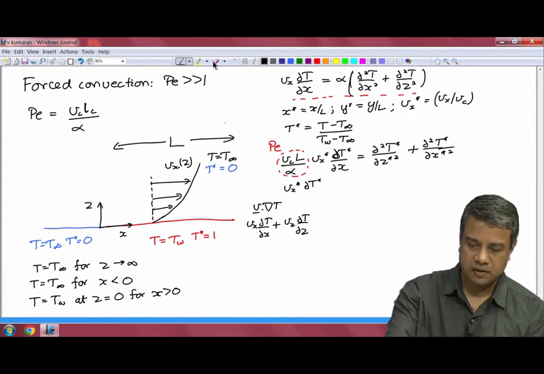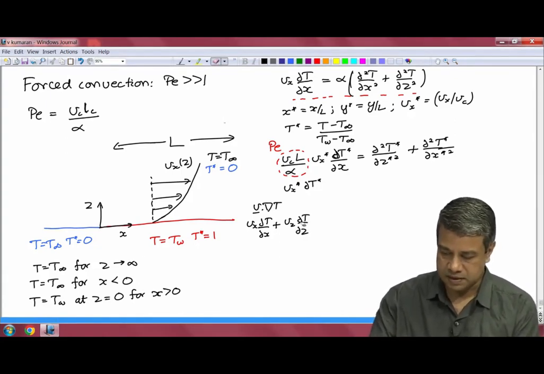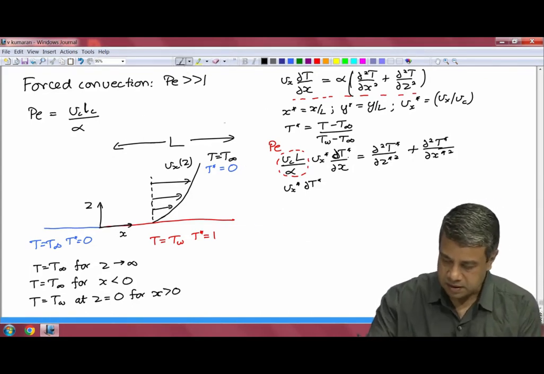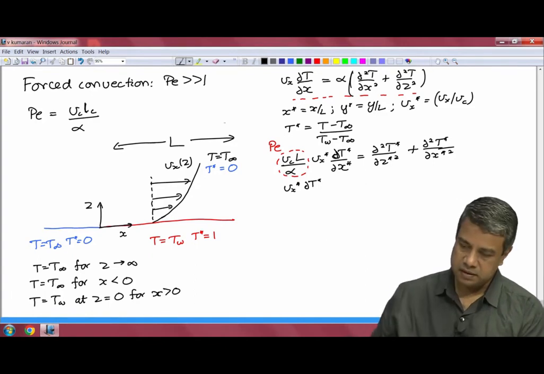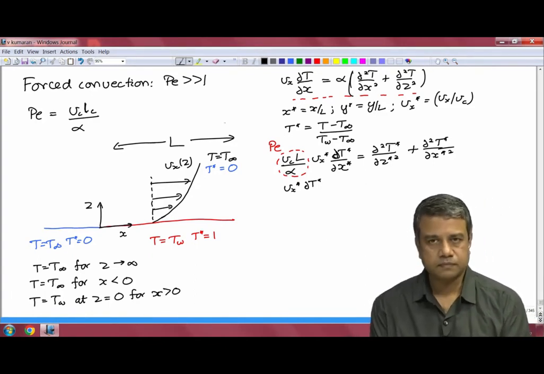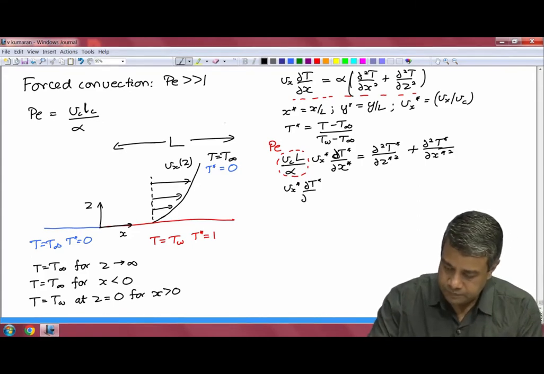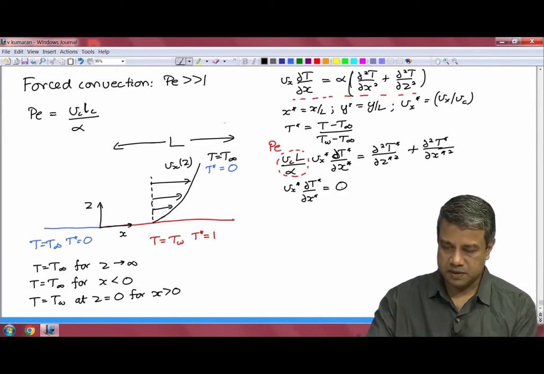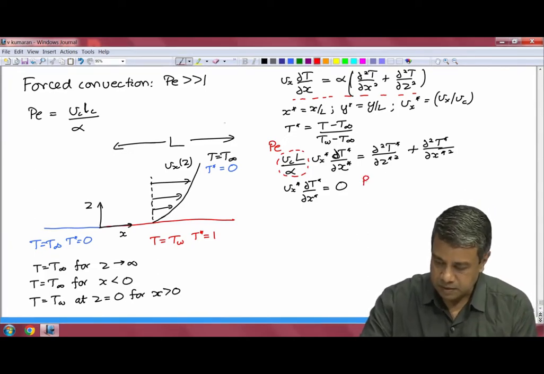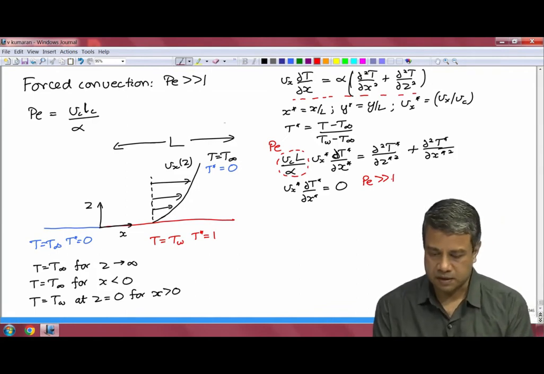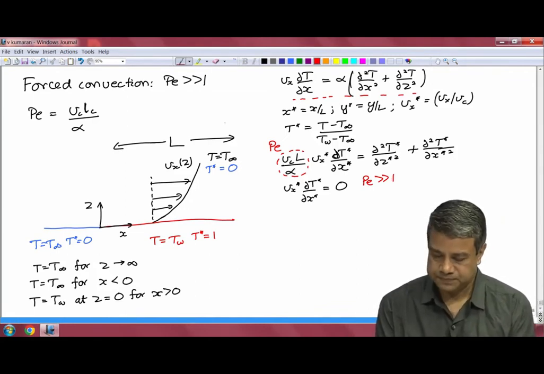So, it is V dot grad T. So, it is Vx times partial T by partial x, and when I scale it, I will get a star over here. That is the approximation for Peclet number large compared to 1.